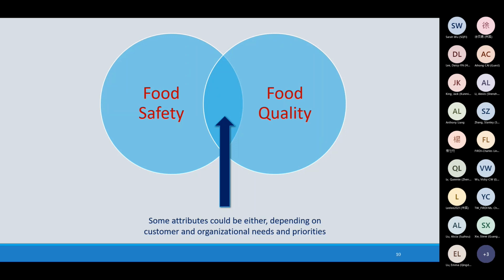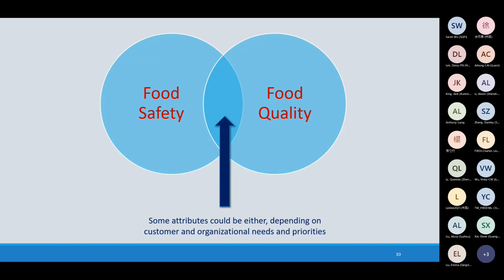Food quality aspects sometimes overlap with food safety. Net weight, which is very often a regulatory requirement and is put into food safety, is very often really a quality attribute, not a food safety attribute. So you need to define where to make sure everything is covered between food safety and food quality. And what is the difference? Food safety issues are those which, if not controlled, can cause harm to the consumer.